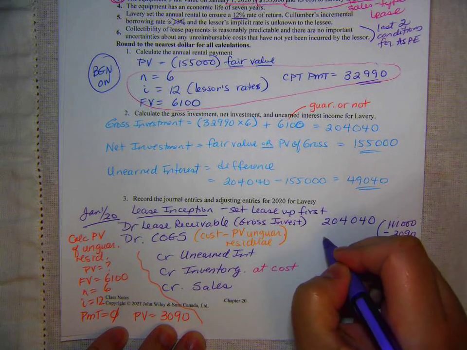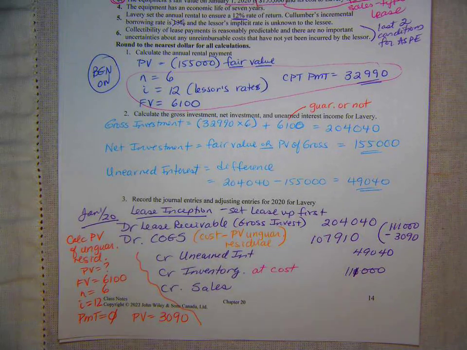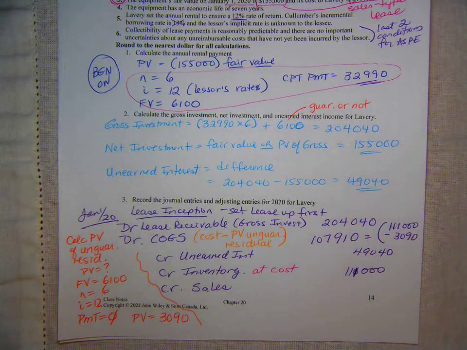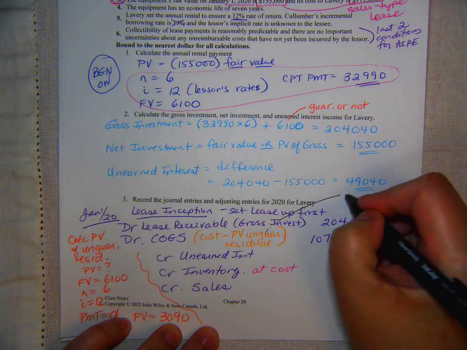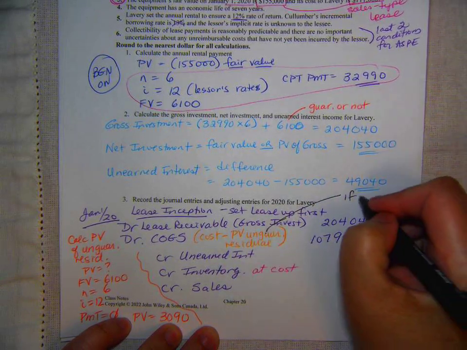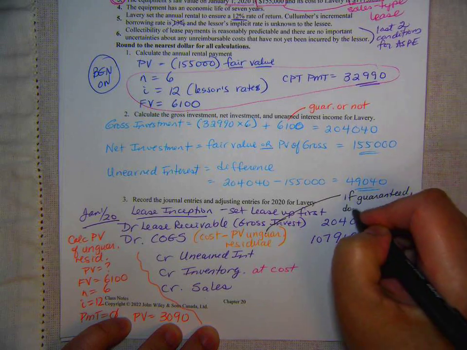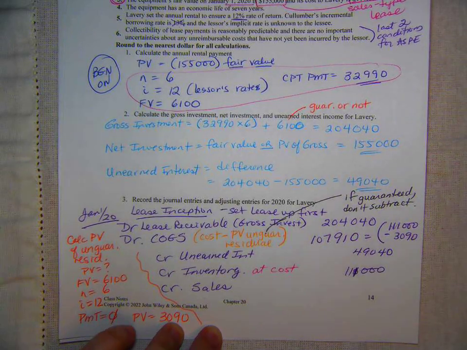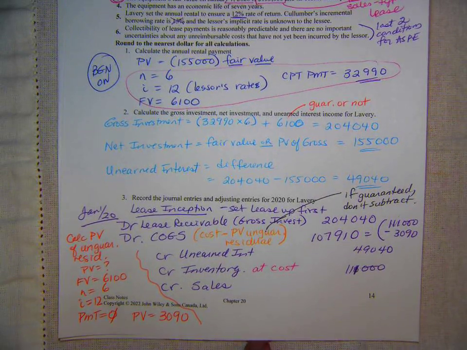And that'll work out to 107,910. Now, just make a little note here. If guaranteed, don't subtract. Okay, so that's our cost of goods sold.